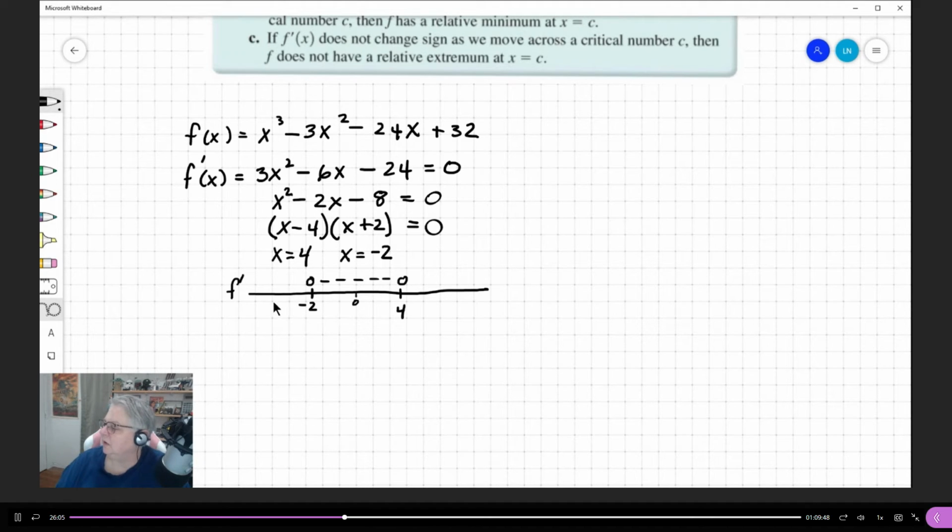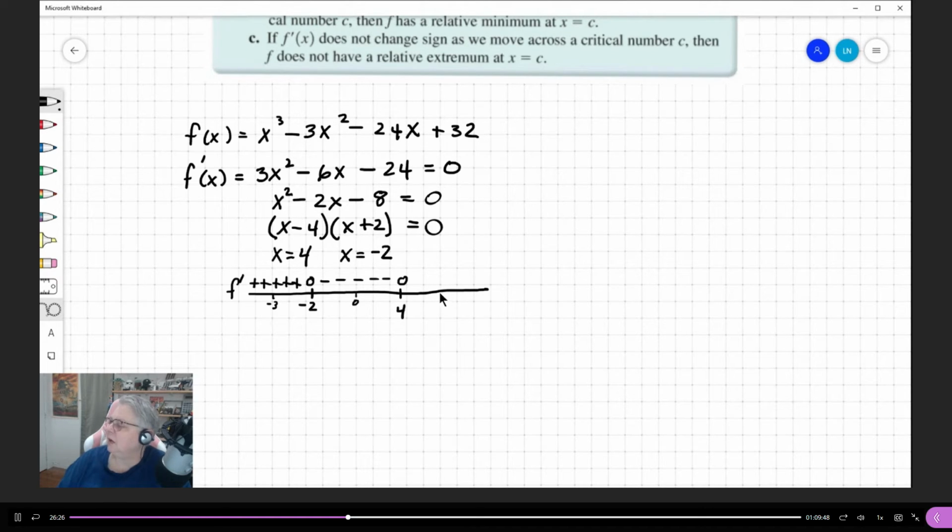So take something on this side, maybe like negative 3, something in that interval. If I put negative 3 in here, I'm going to get a negative 7. If I put negative 3 in here, I'm going to get negative 1, which means I've got a negative times a negative, so this is positive.